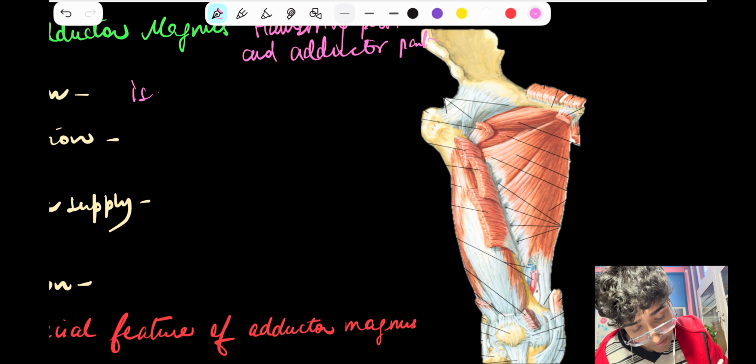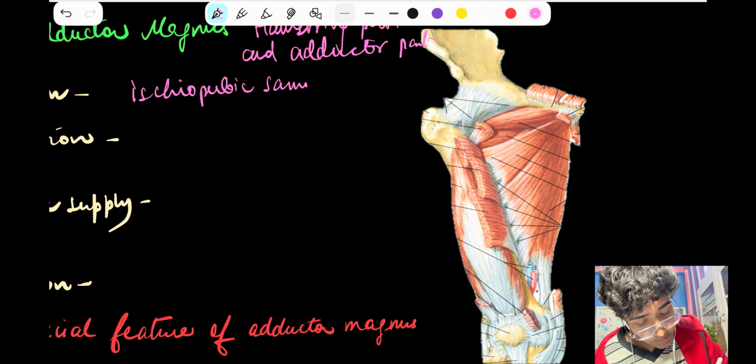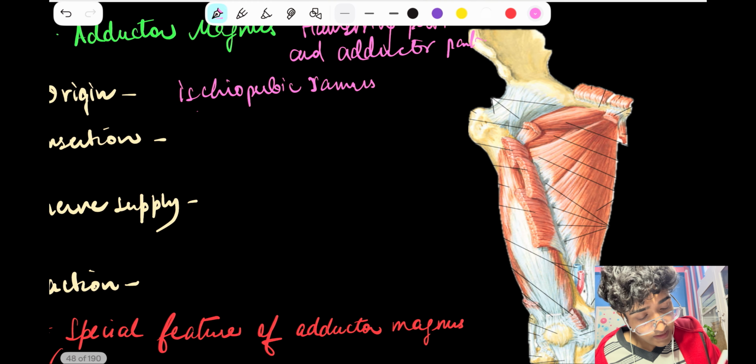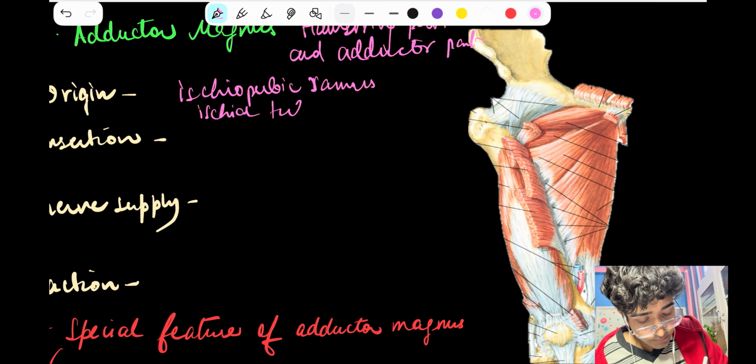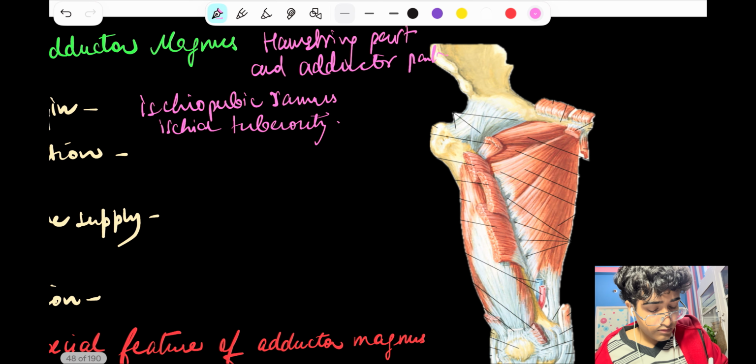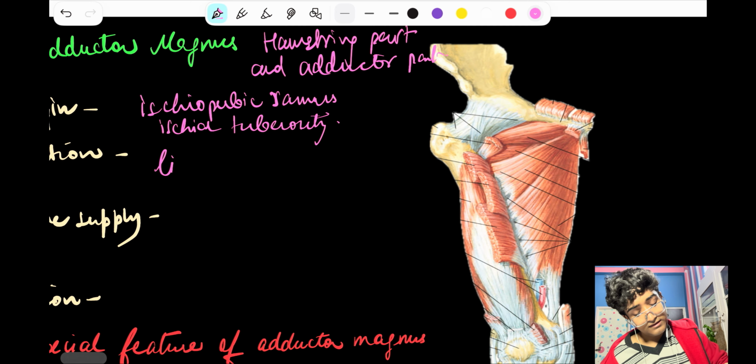The adductor part comes from the ischiopubic ramus, and the hamstring part comes from the ischial tuberosity. Its insertion is into the linea aspera.